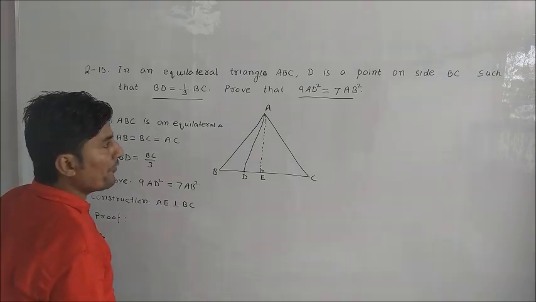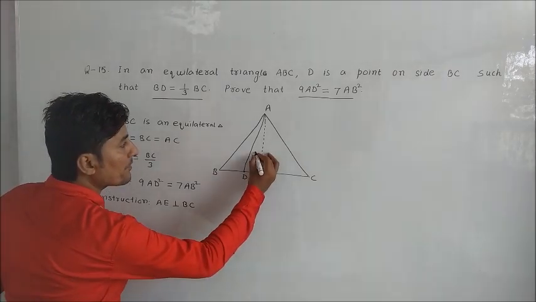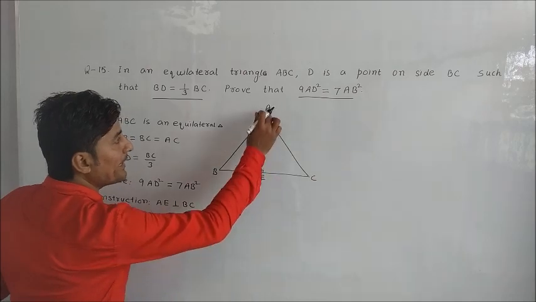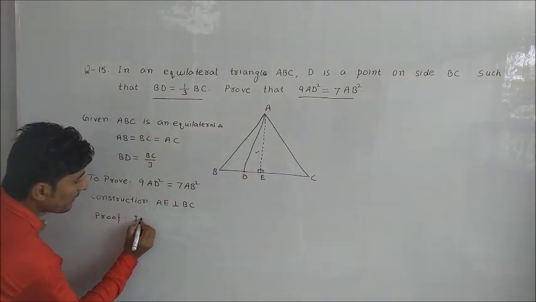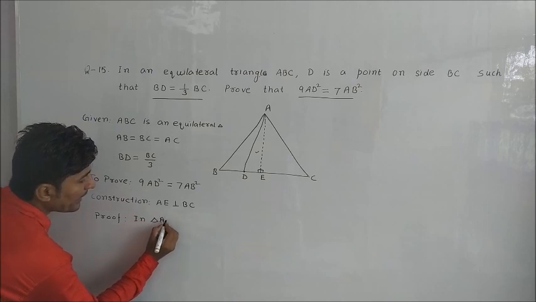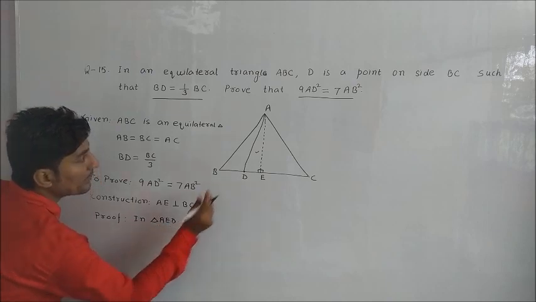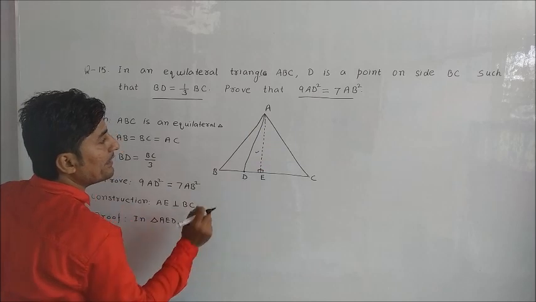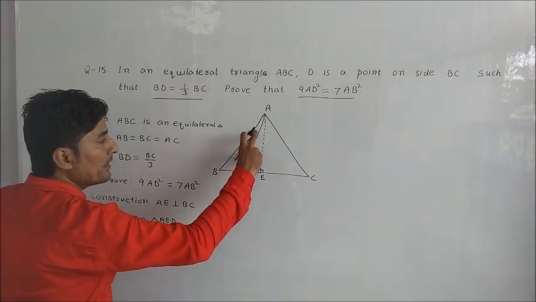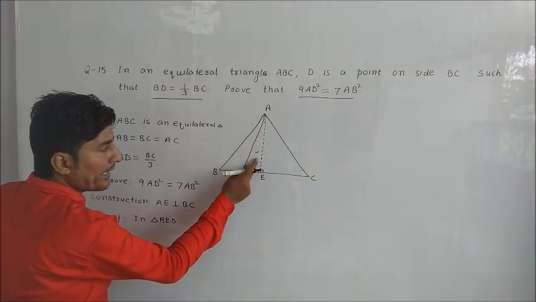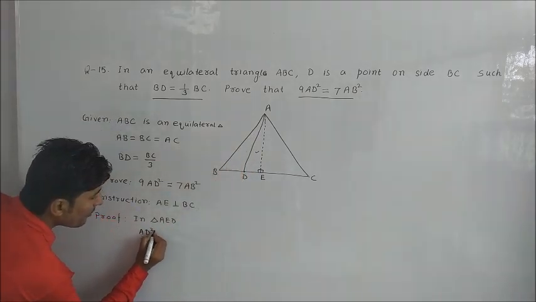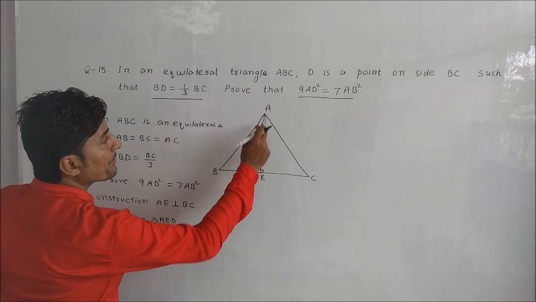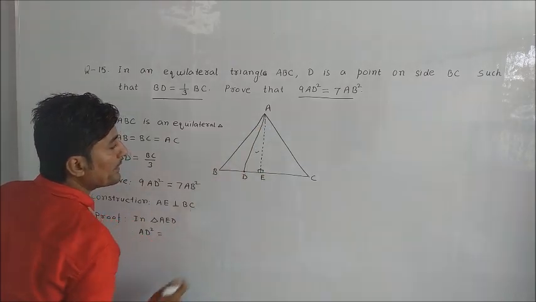In proof, first of all, we will consider this right angle triangle AED. In triangle AED, AD is the hypotenuse of this triangle. So AD square is equal to AE square plus DE square.